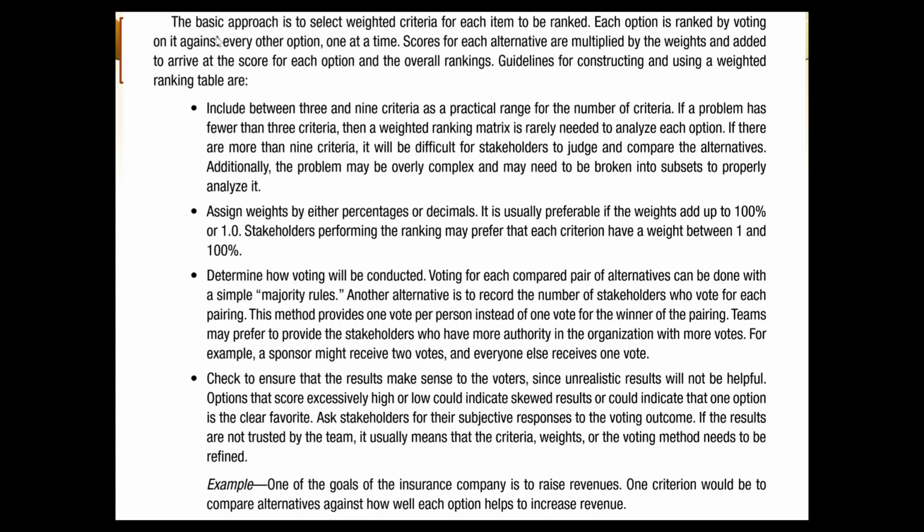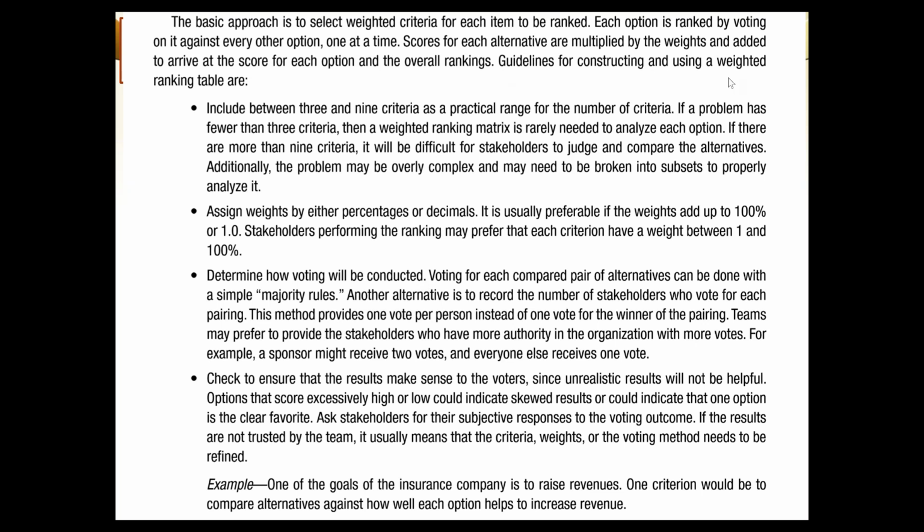Okay. The basic approach is to select weighted criteria for each item to be ranked. Each option is ranked by voting on it against every other option, one at a time. Scores for each alternative are multiplied by the weights and added to arrive at the score for each option and the overall ranking.